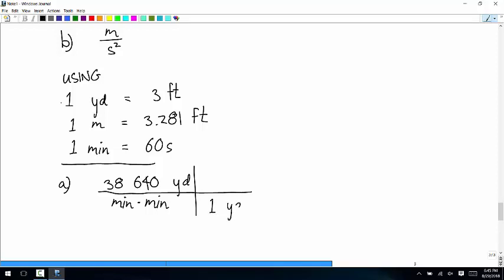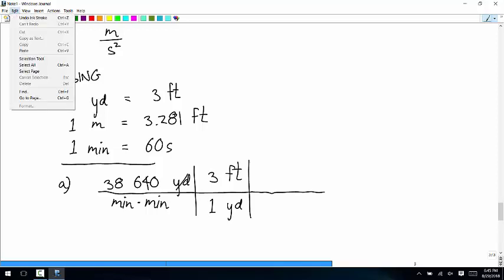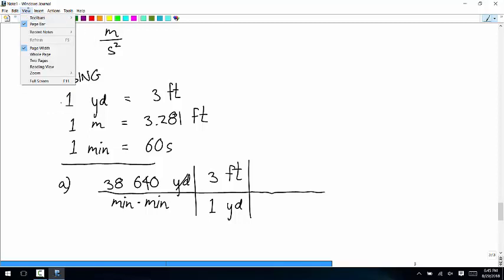So the 1 yard goes down there. The 3 feet go up here. And once we multiply that out, we'll be in length units of feet. And now we want to do the minutes.